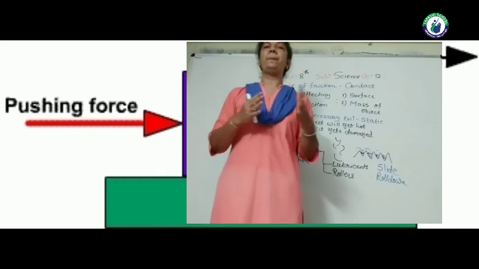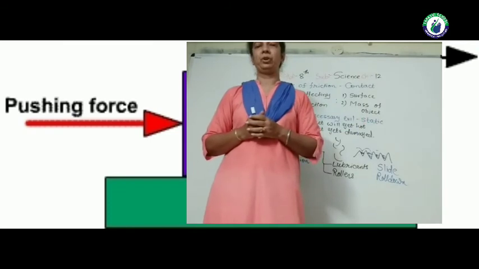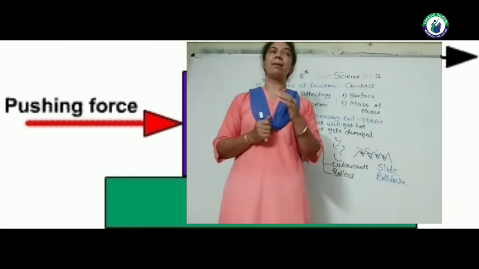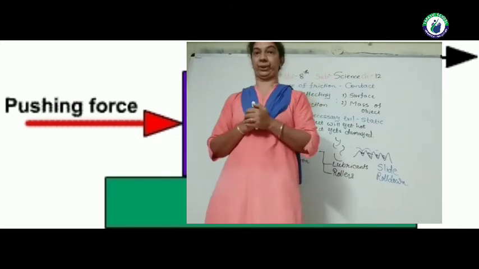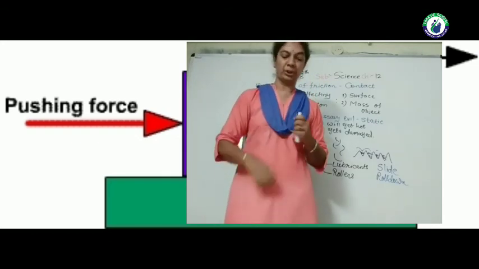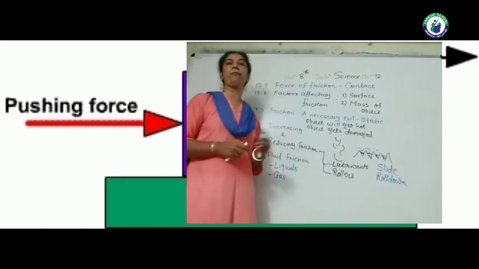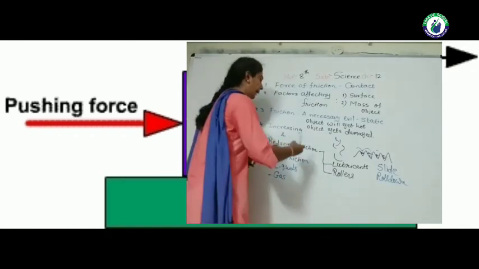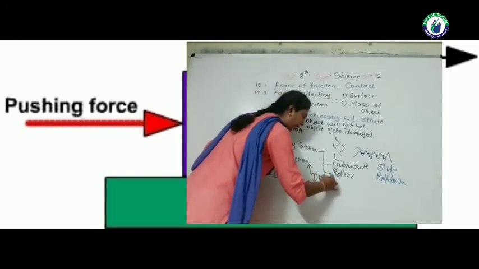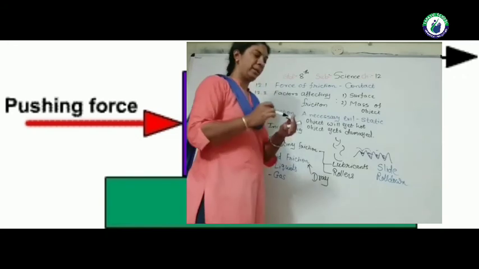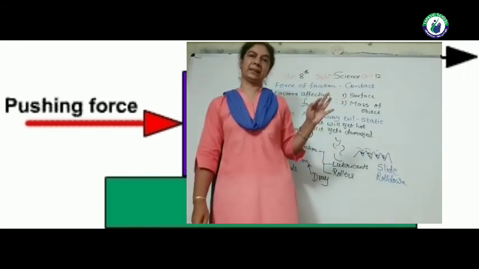When the aeroplane is passing through the air, similarly, air is also giving an opposing force. What is this force known as? The opposing force given by the fluid is known as drag. Again, I am repeating, the fluids are the liquids and the gases.